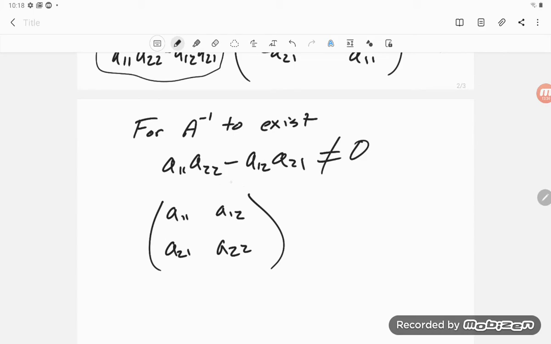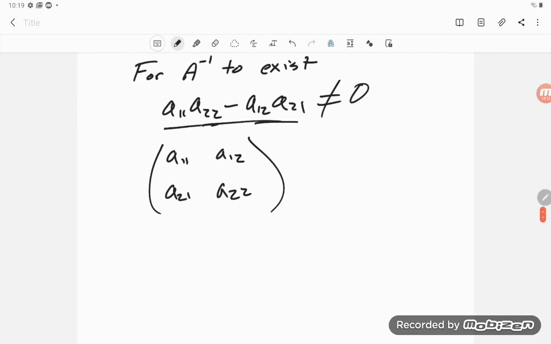But notice in this formula that if A11 is 0 and A21 is 0, we get 0 in that formula, and so that's a problem. If the top row is 0, we'll get 0. If the bottom row is 0, we'll get 0. If the first column or second column are both zeros, we'll get 0. So if we have too many zeros in there, we will get 0 for this.